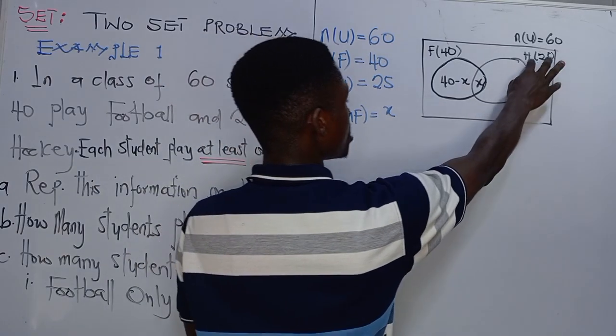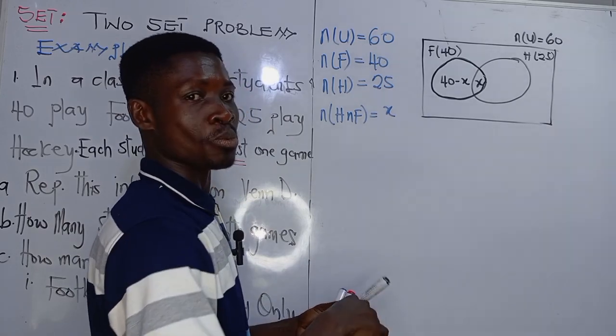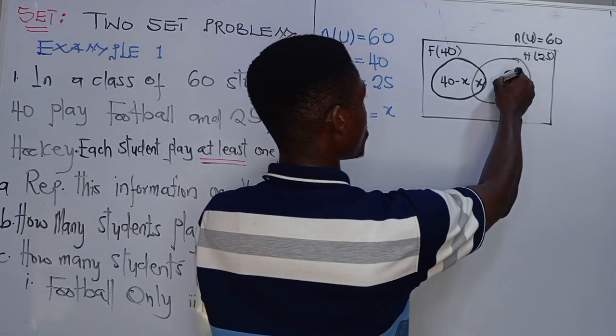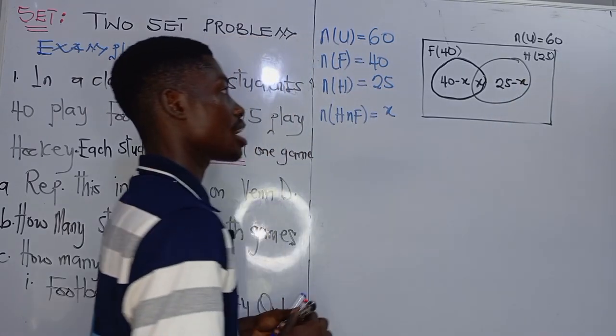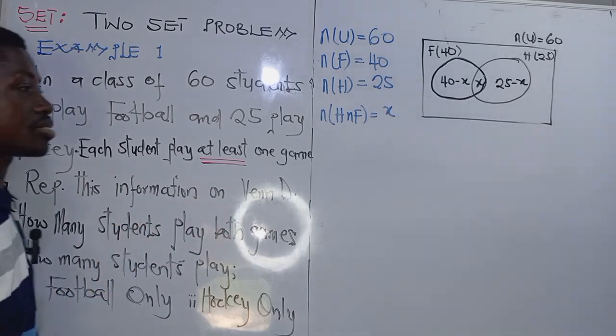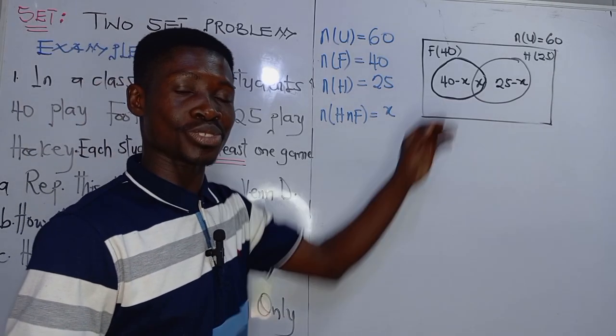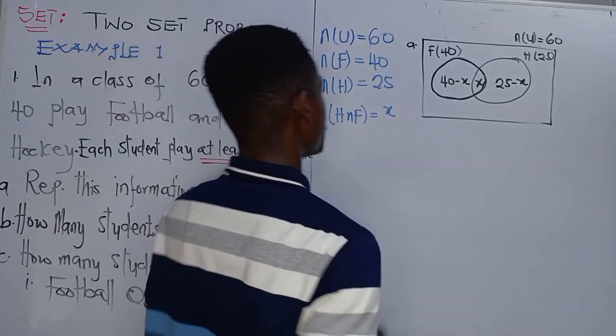If you have to look for students playing hockey only, it means that we have to subtract X from 25. So we have 25 minus X. So we are done with the first question, which says represent the information on the Venn diagram. And that is what we have done. So this is A. Good.